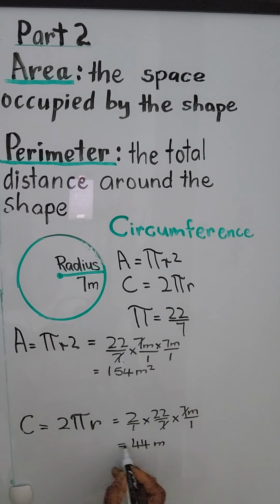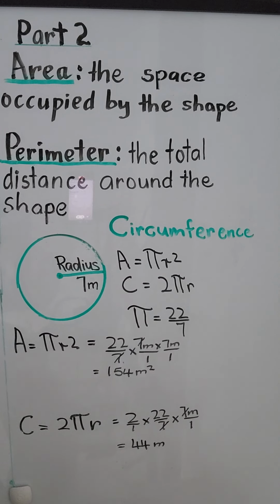So the area is equal to 154 meters squared, and the perimeter is 44 meter, circumference rather.